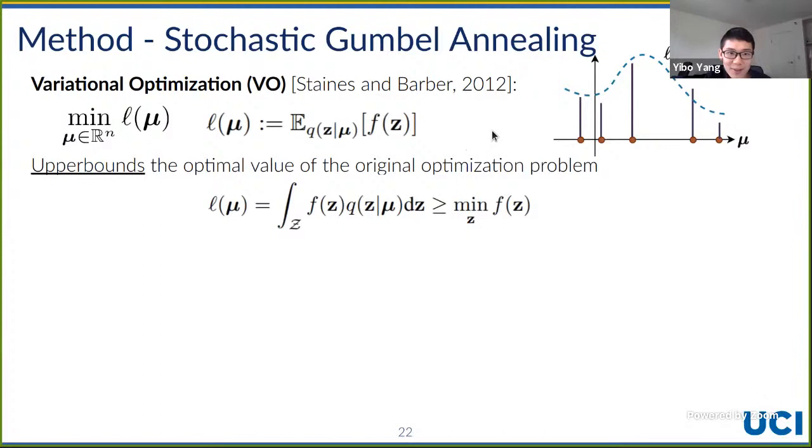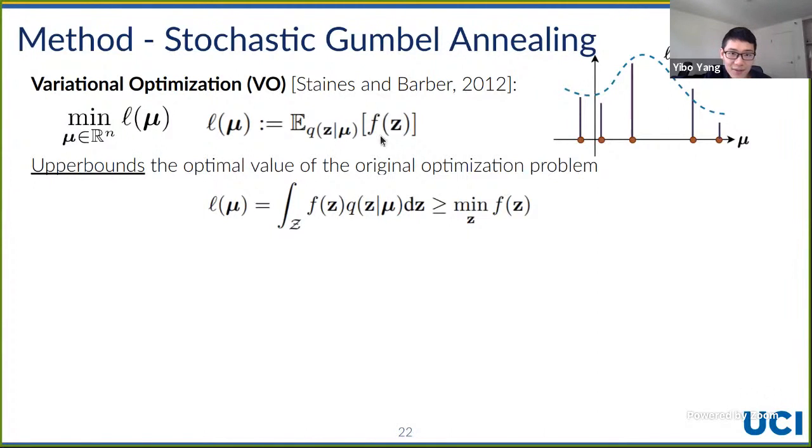So that's basically captured by this equation here. There's a family of algorithms called variational optimization algorithms that essentially perturbs, or rather convolves, the objective function with a particular distribution that resembles a variational posterior distribution. So this is the Q distribution of Z given some parameters mu, that is unrestricted, so it can take values in R^n.